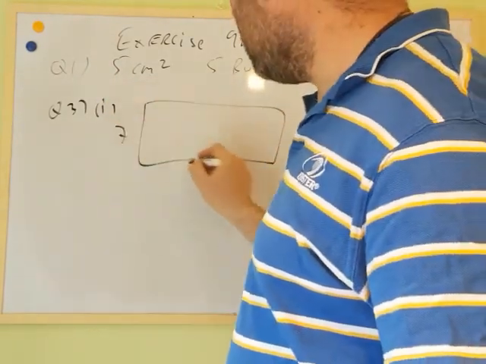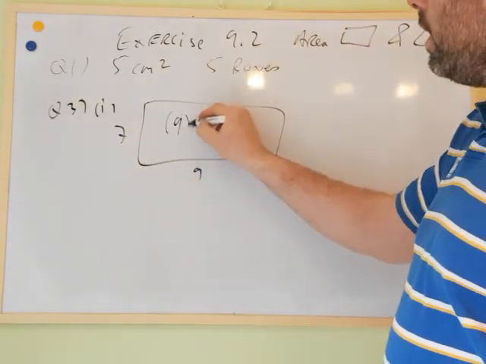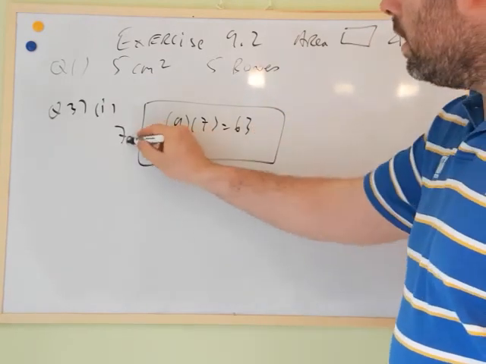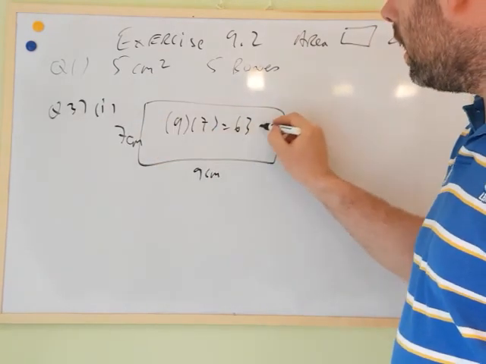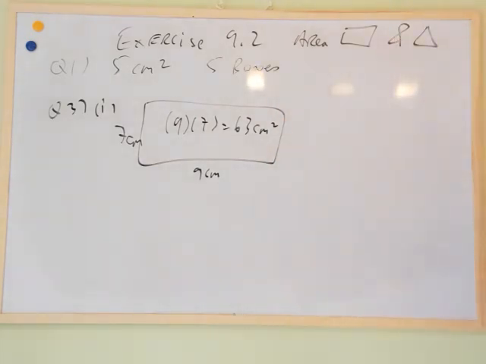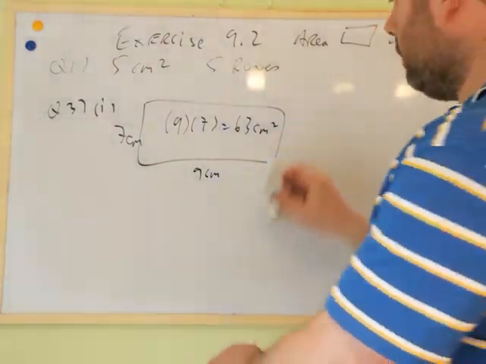We have a rectangle which is a length of 7 and a width of 9. So its area, 7 by 9, 63 centimeters squared. Alright? Question 4 is the exact same. Question 5.